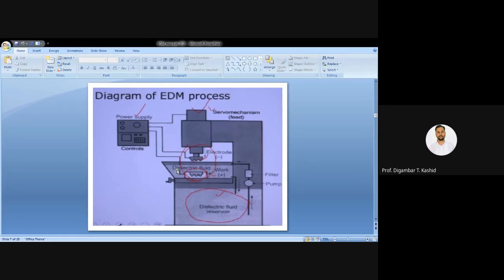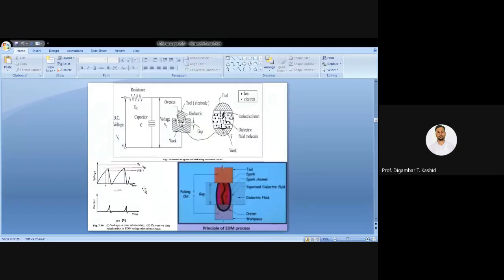Then we have the electrode, that means your tool and workpiece. Then we have the dielectric fluid, and the servo mechanism, that is the feeding mechanism. Please draw immediately so that we can go further after this.